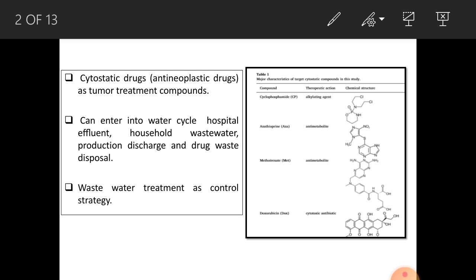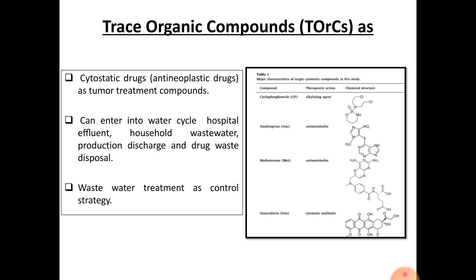So they should be removed from the wastewater so as not to pose any threat to the environment and ultimately to human health. So wastewater treatment as a control strategy was applied to remove these toxic compounds from the wastewater and from the water, and to prevent the environment from danger.